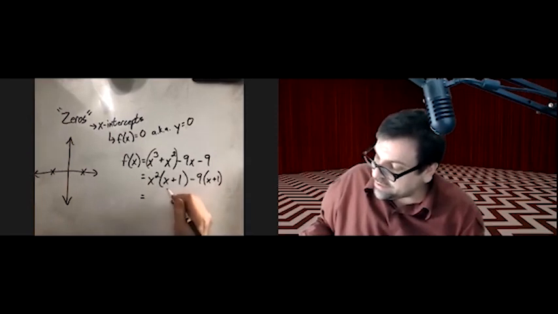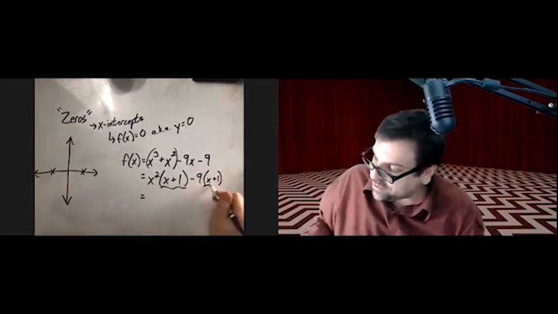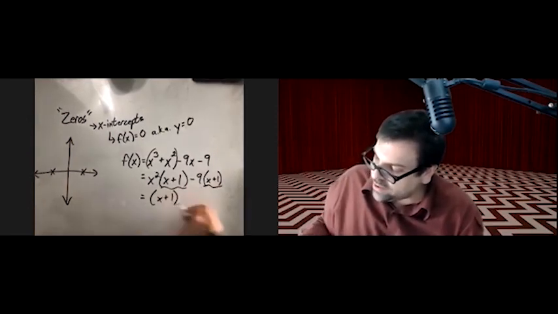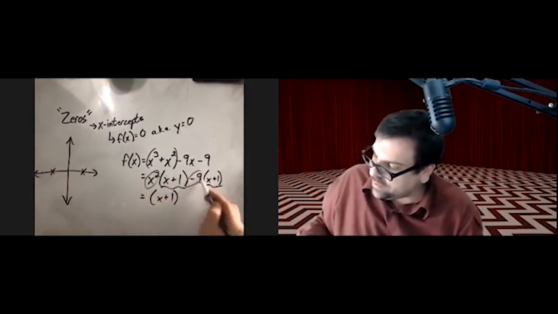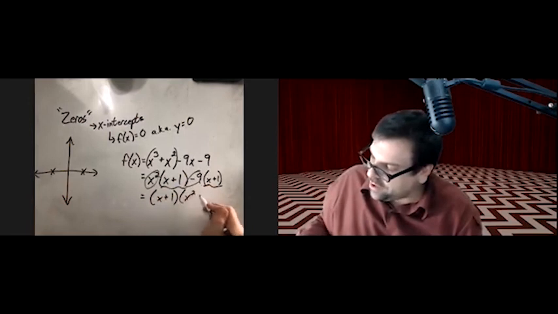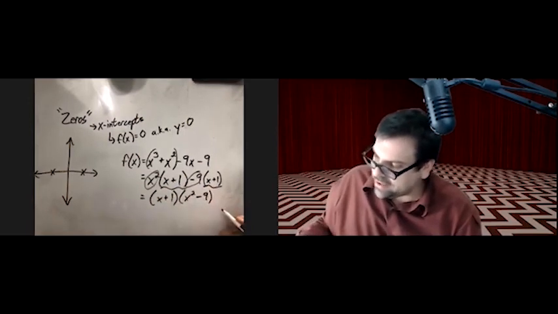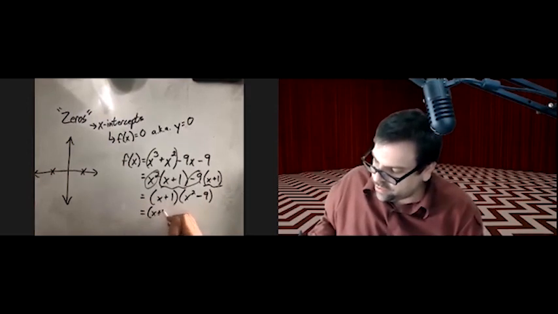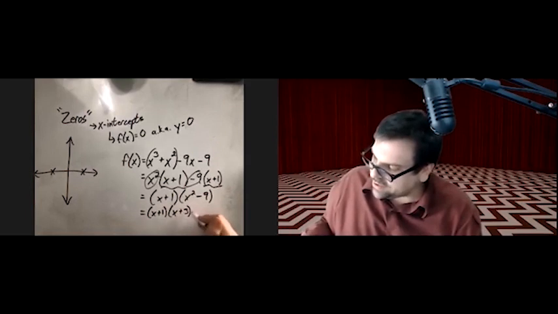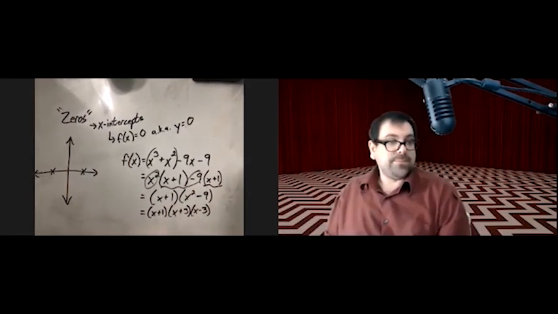That means we can factor out the common factor of x plus 1. We are left with the leftover x squared minus 9, which can be factored further. X squared minus 9 is x plus 3 times x minus 3.